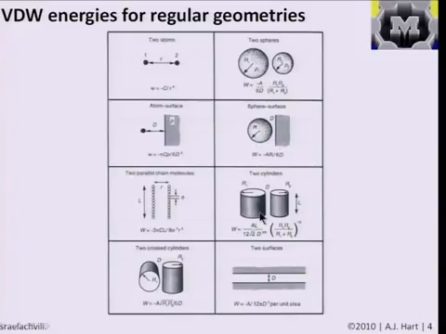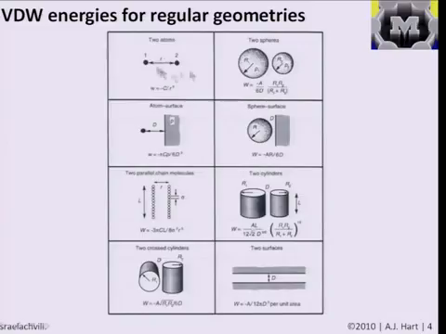One of the important takeaway points from last time is that the power on the distance between the two gets lower as the dimensionality of the bodies gets bigger. Because you're integrating over many things, we go from a 1 over r to the 6th for the case of two atoms or two molecules having this interaction to a 1 over the separation in the case of two spheres.